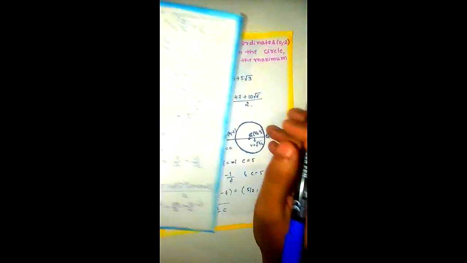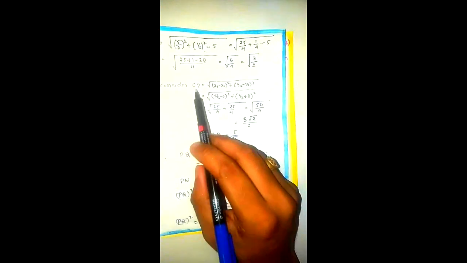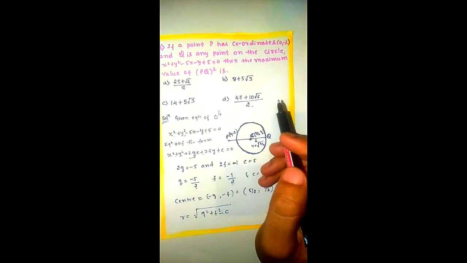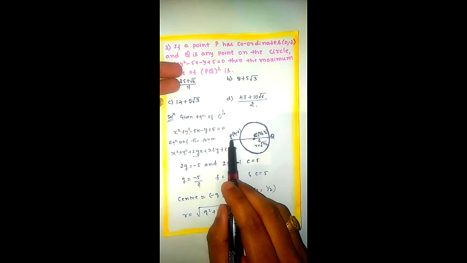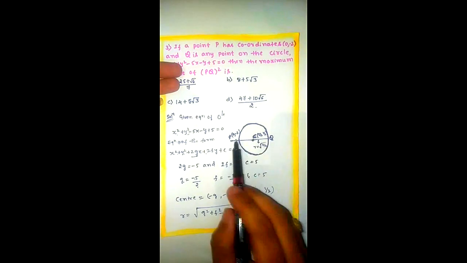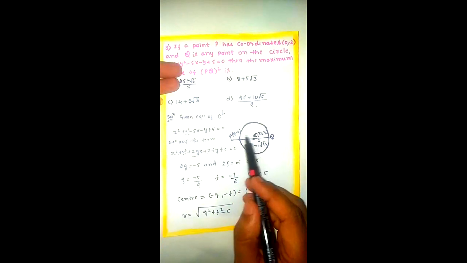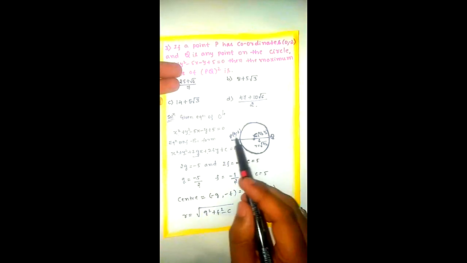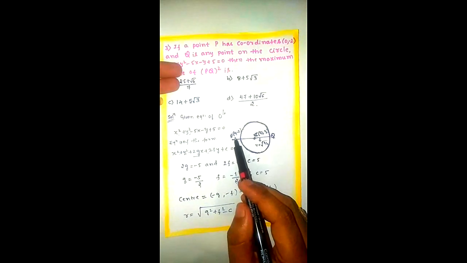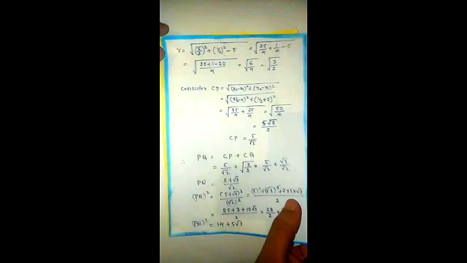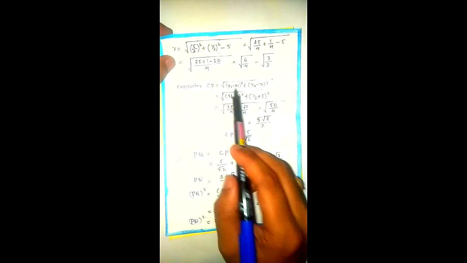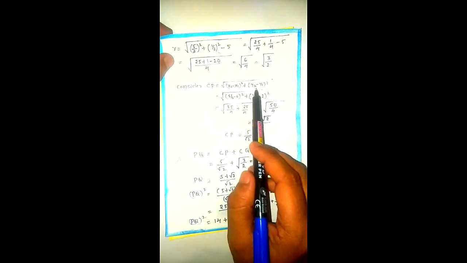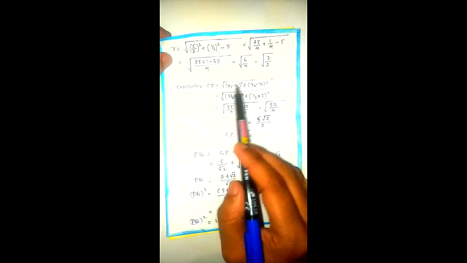Observe the diagram. Next consider CP. We have to find the maximum value of PQ square, but before that we find the distance between C and P using the distance formula: square root of (x2 minus x1) whole square plus (y2 minus y1) whole square.